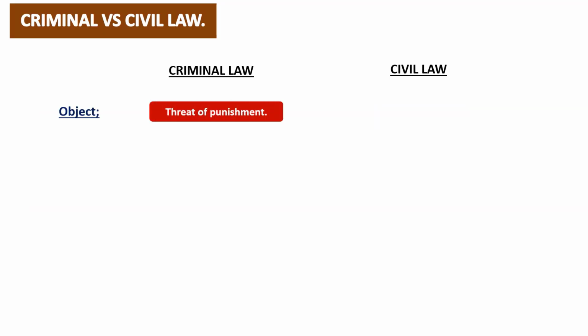Now, the objective of the criminal law is to punish those who flout the law. For civil, it is just supposed to compensate the aggrieved person who is the claimant. And normally it's a financial compensation. And it's normally supposed to restore the aggrieved party to the position had the action of the defendant not been executed.